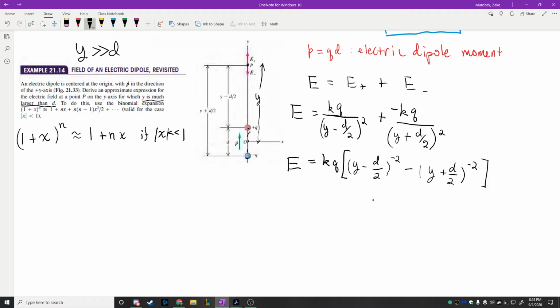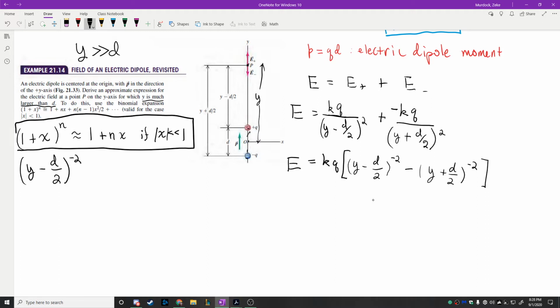So we need to rewrite, for example, (y - d/2)^-2. We want to get it into that form, so we can use this relationship. What can we do to this expression to make it fit?